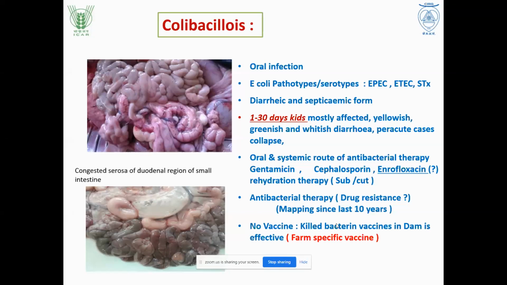So the combination of oral and systemic antibacterial therapy works better than a single route. There are a number of groups, like the aminoglycosides such as gentamicin, cephalosporins, and enrofloxacin, and then judicious dehydration therapy is important, either by subcutaneous or intravenous routes.